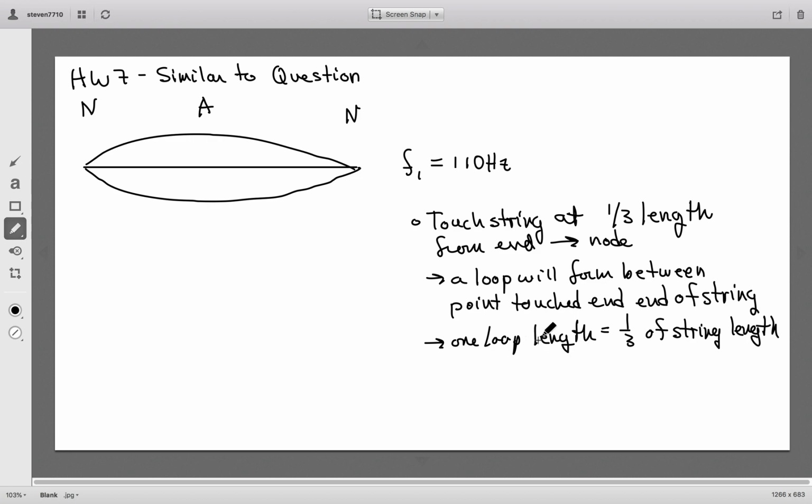And because the standing waves have to have loops that are all the same size, there's going to be 3 loops that form on the string.